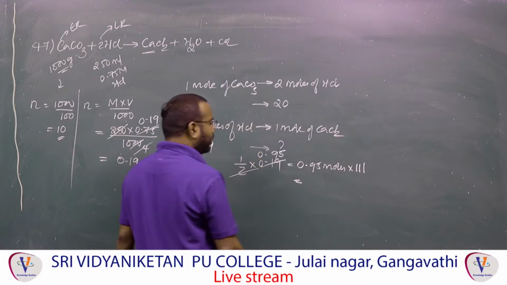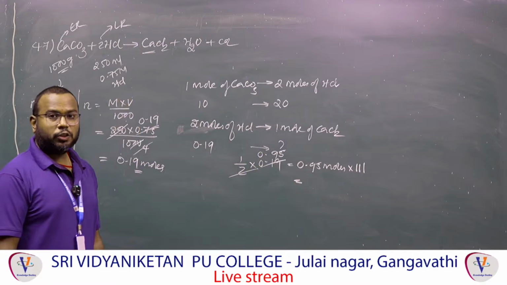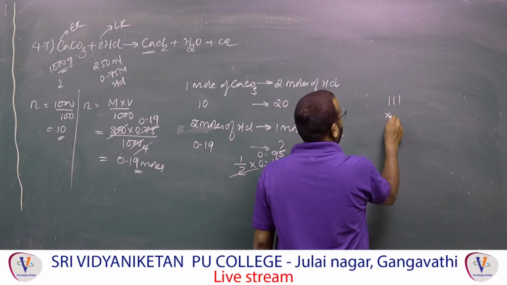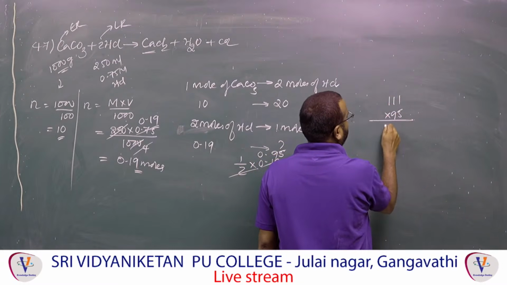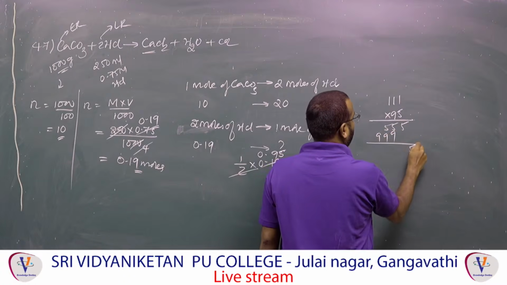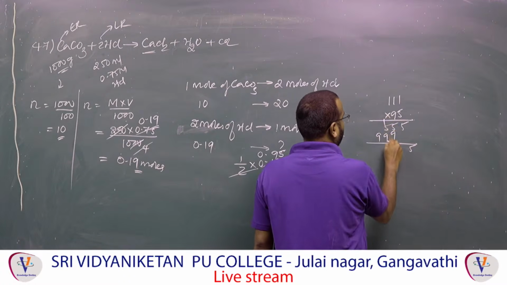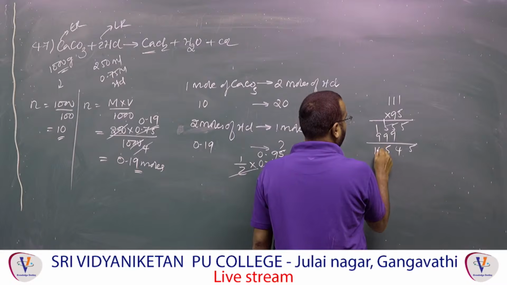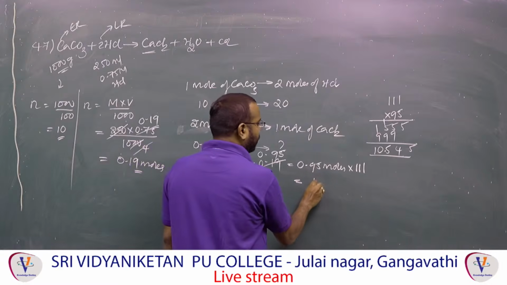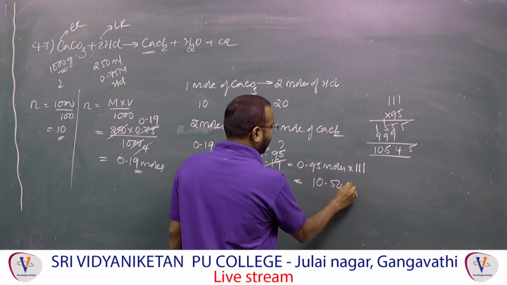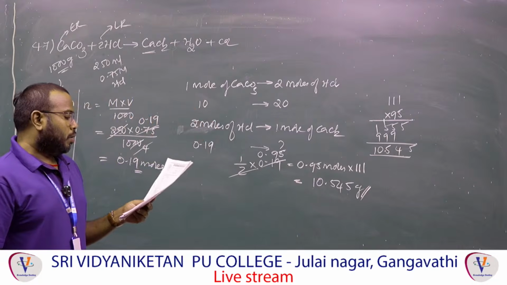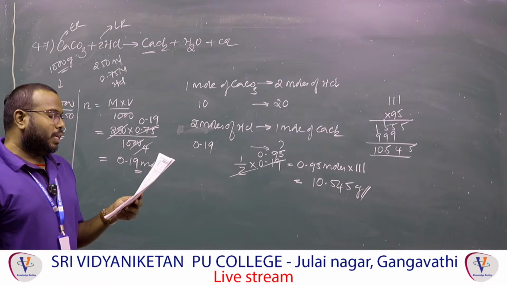0.095 moles times its molar mass gives the mass of calcium chloride. So 111 times 0.095, which is 10.545 grams. Option number 1 is the correct answer.